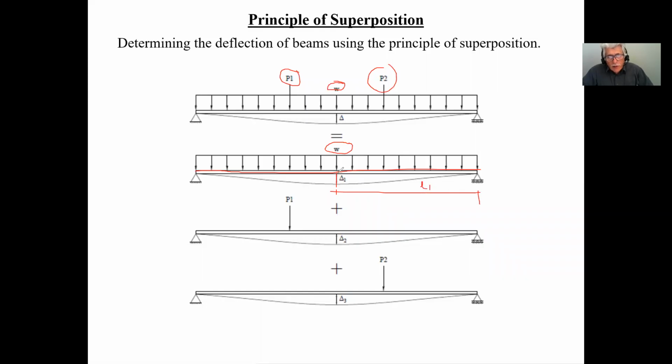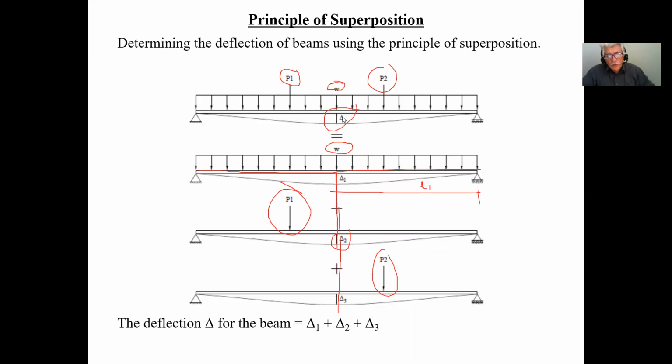And at the same point here, I can calculate the deflection caused by this concentrated load. And at the same time, right at the same point here, I can calculate the deflection caused by this load. Then if I want to calculate the total deflection, once I've calculated the first one and the second one and the third one, the three of them added together will give me the total deflection that the beam is going to undergo, okay?